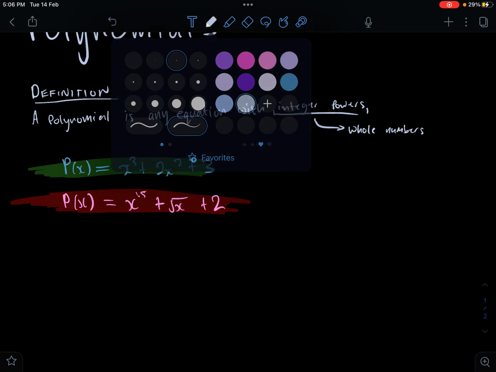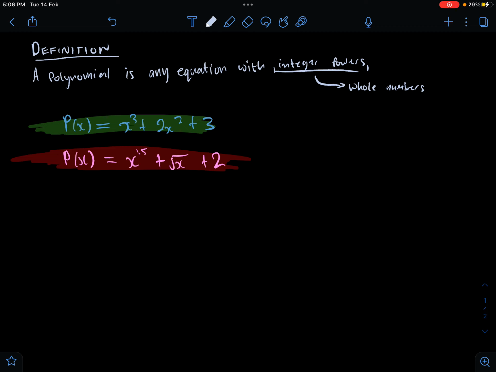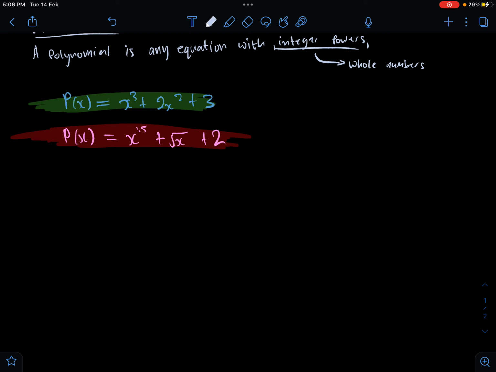So now that we've got that cleared up, we're just going to go into some terminology. So features of polynomials. So some features of polynomials.